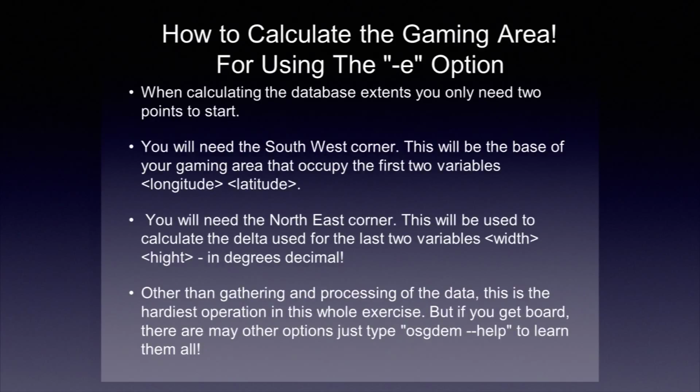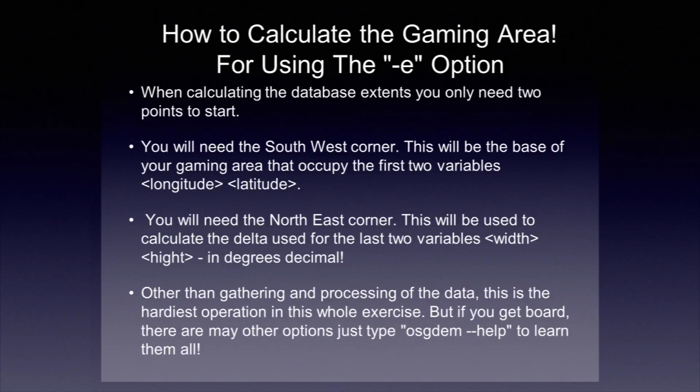And while we're at it, we might as well talk about the extents command. It is one of many ways that you can determine gaming area using Virtual Planet Builder, but for me it is the simplest. To go over it, you will start with the southwest corner of the database of the gaming area as your longitude and your latitude.